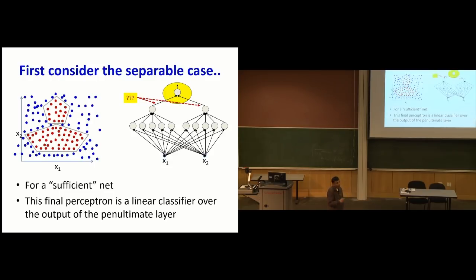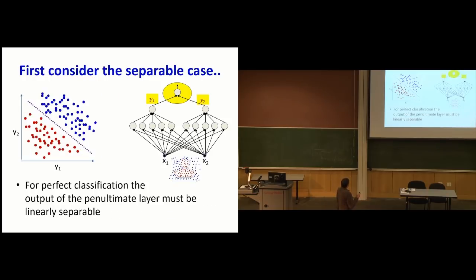The only way the final perceptron can do a perfect job of this classification is if these features are linearly separable into red and blue, because the final perceptron is a linear classifier, right?